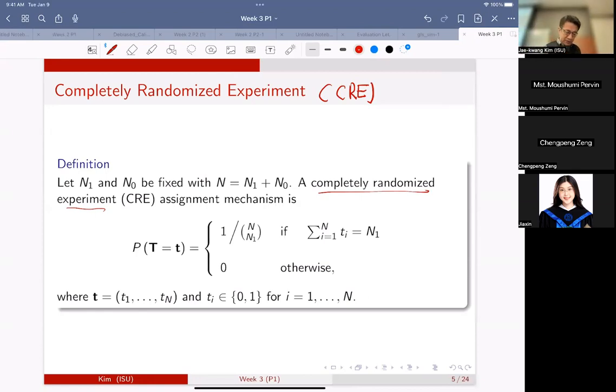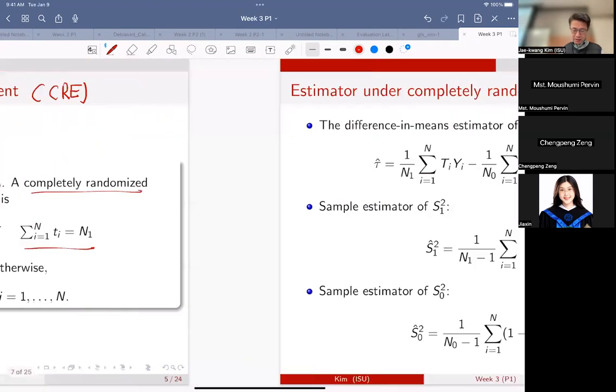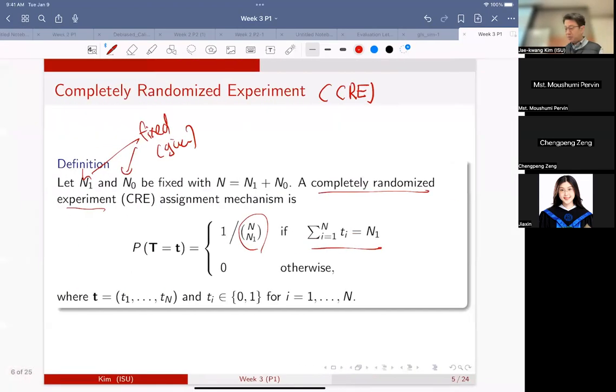Given this number, which is fixed, we consider all possible allocations, all possible samples with this sample size for the treatment group, and then put equal probability. So that is a sampling design.